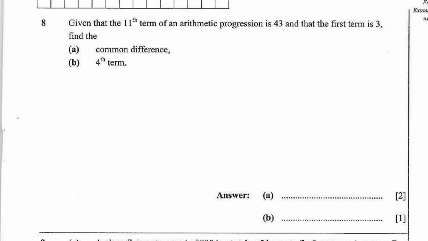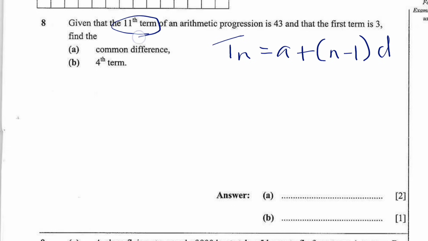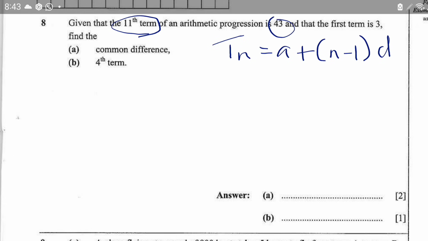Remember, the formula for finding the nth term is Tn equals a plus open bracket n minus 1 close bracket d. Now we are going to use the 11th term to find the common difference. n here will be 11, and the 11th term is 43.